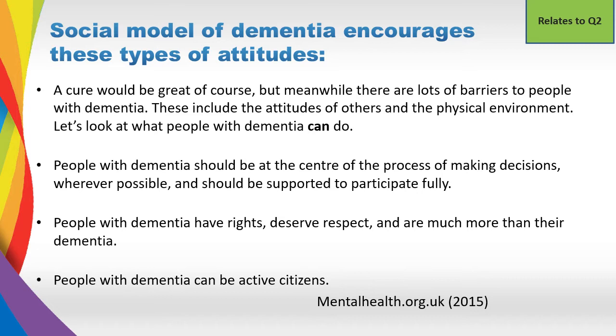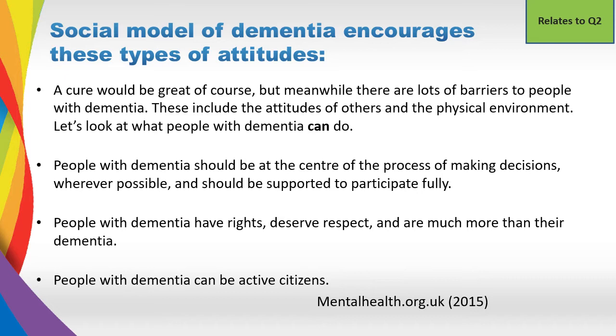People with dementia should be at the centre of the process of making decisions wherever possible and should be supported to participate fully. So this doesn't mean that they can make every decision, but they should be looked at as a person and what they can do rather than looking at what they can't do in the medical side of things. People with dementia have rights, deserve respect, and are much more than just the condition of dementia.